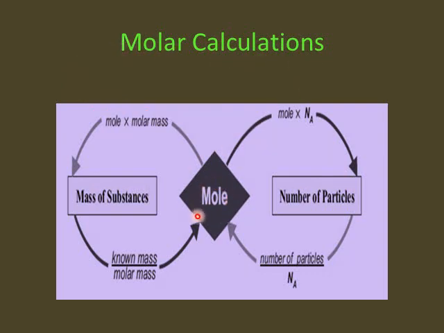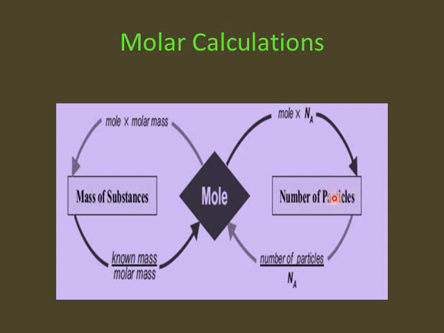Now if I want to find out mole in terms of mass, what do I have to do? Mass in gram over molar mass. And if I want to find out mass in grams, the mass of the substance, I will multiply mole with molar mass. Moles can also be found in terms of number of particles.